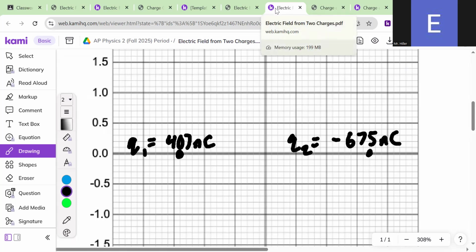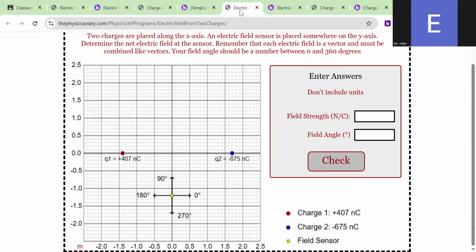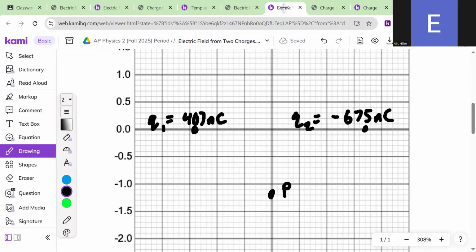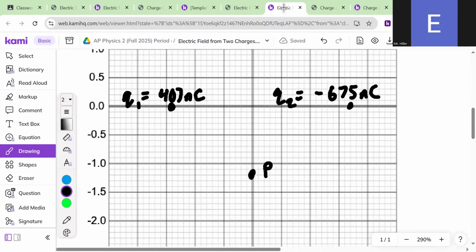Okay, and I am told that my sensor location is at 1.2 meters down on the y-axis. So right there is, I'm going to call that point P. Okay, so what we need to do is find some locations here.